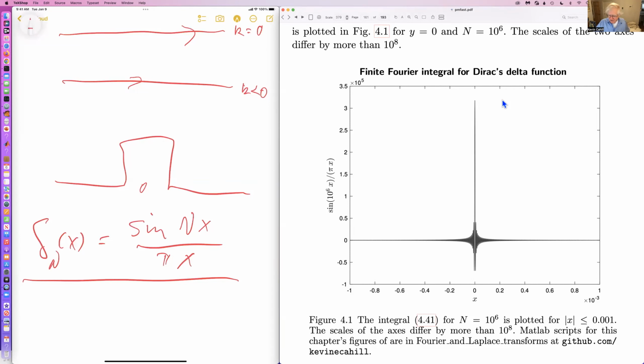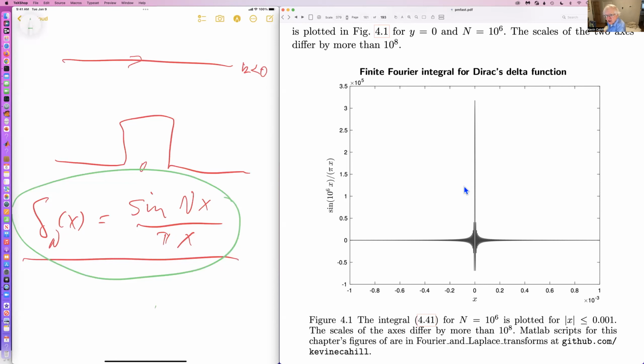This is more guns and spies altogether. This is just 1,000,000, and the actual delta function is better by a factor of 10 to the 8th because this is 10 to the 5th and this is 10 to the -3.